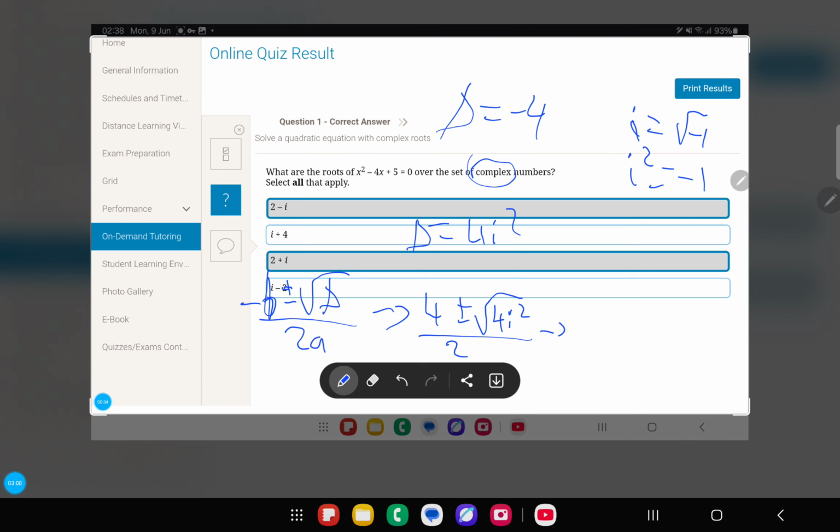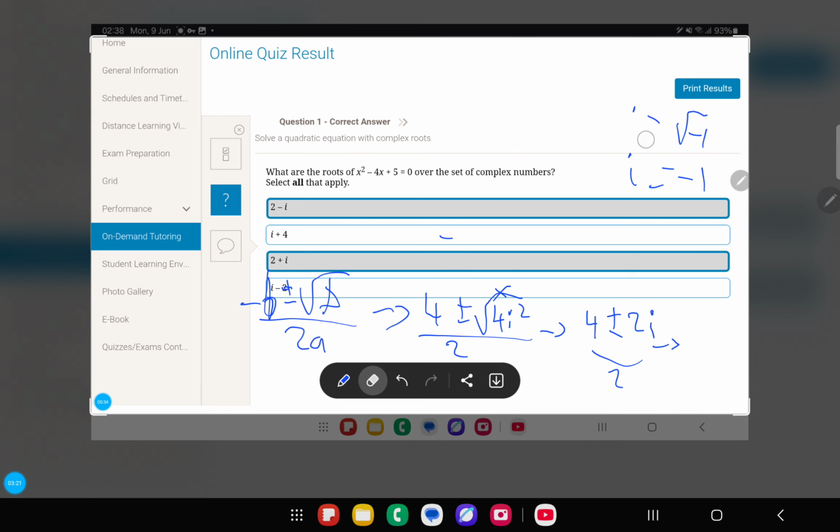Now just solve. We take 4i squared out of the radical, so we cancel the radical. It will be 2i over 2. We're not done.